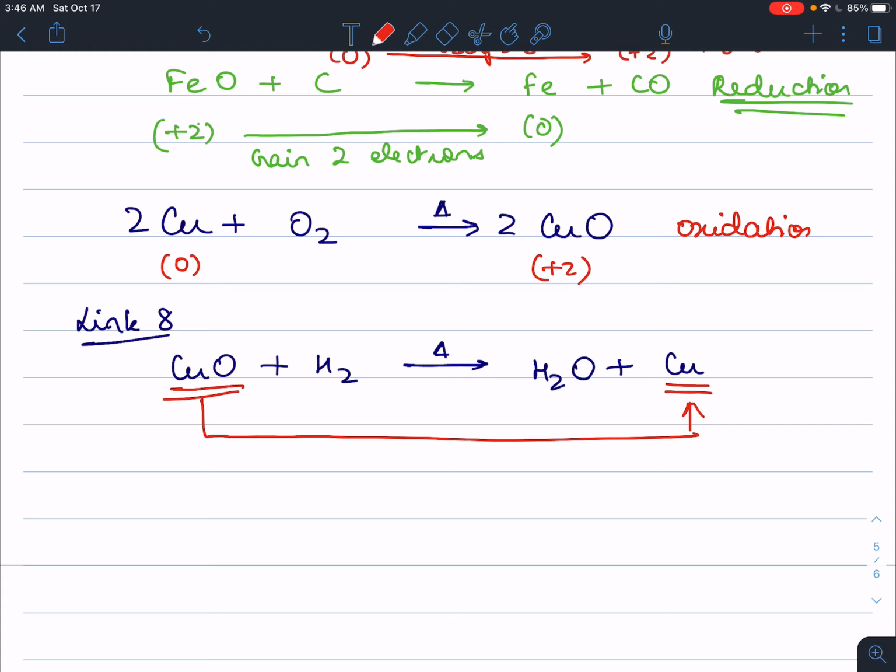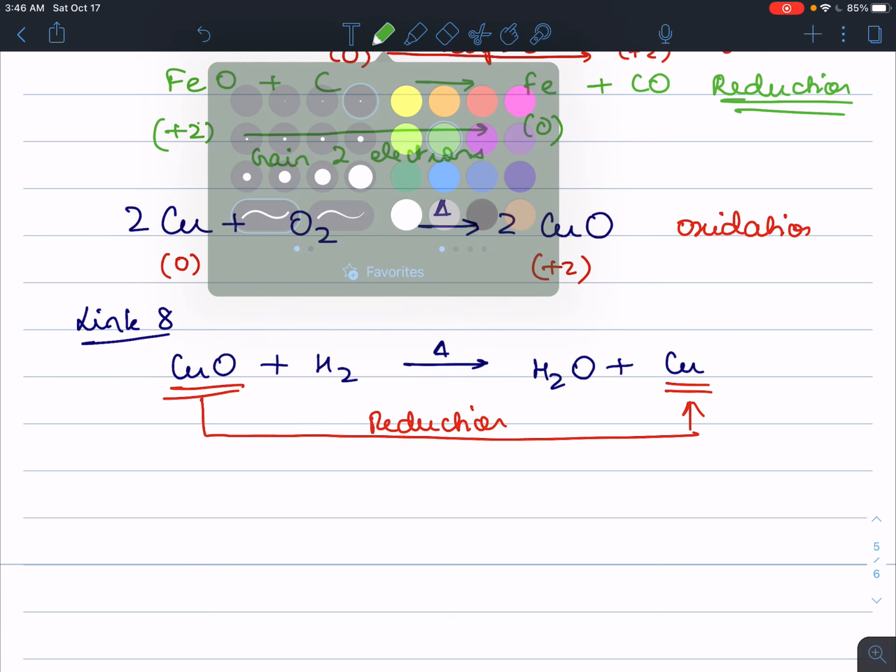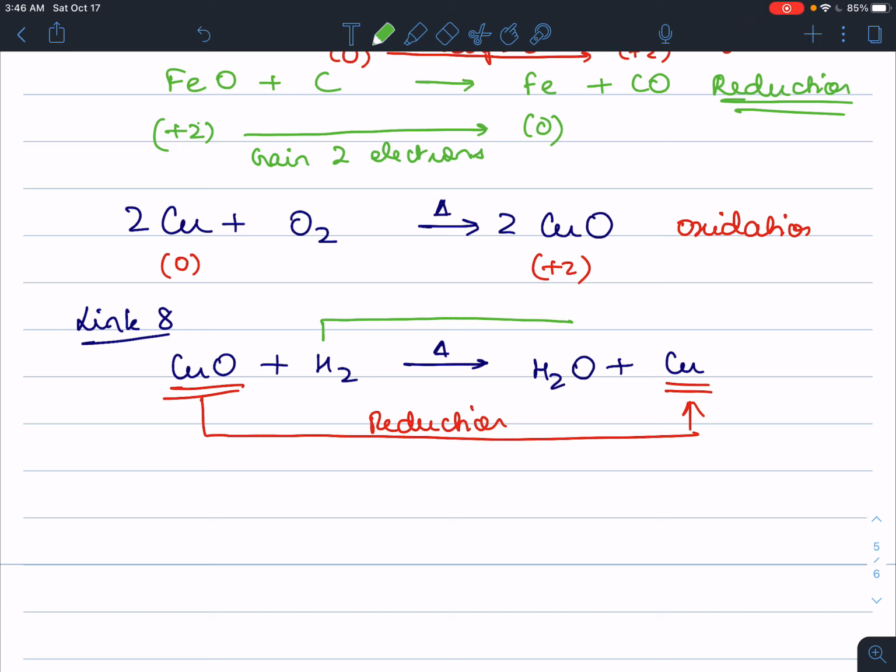So that is gaining of electrons. This is reduction. At the same time, hydrogen is losing electrons because from H0, H is becoming +1 each. So this is oxidation. Hydrogen is undergoing oxidation, copper is undergoing reduction. So this is also a redox reaction.